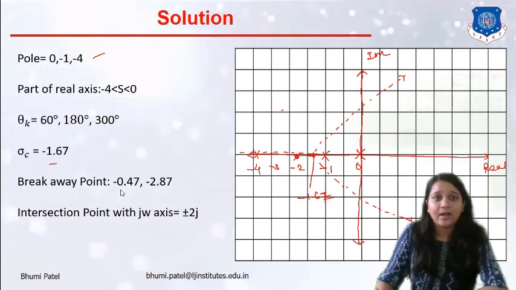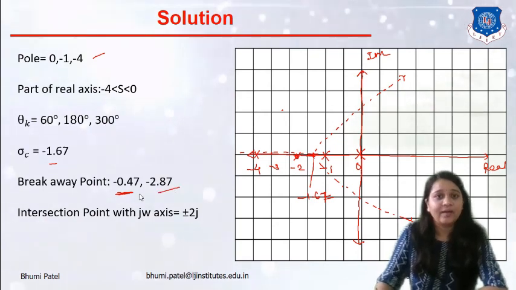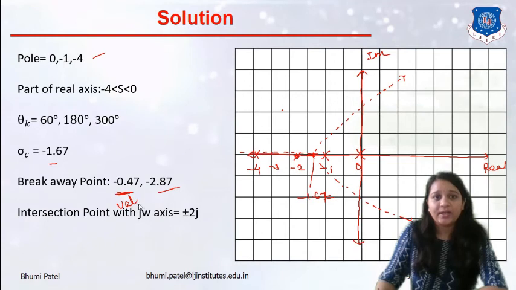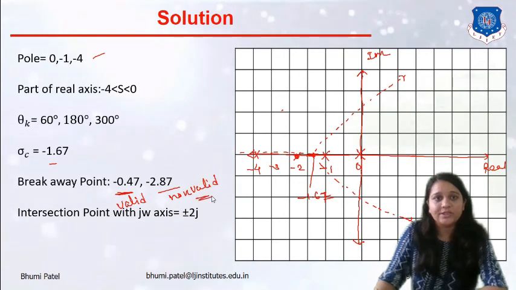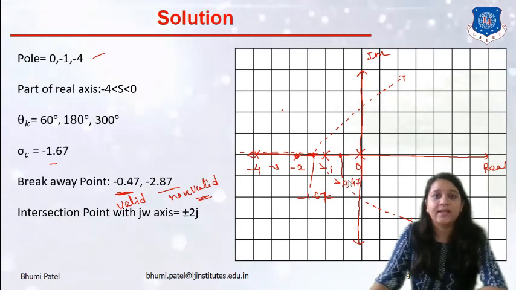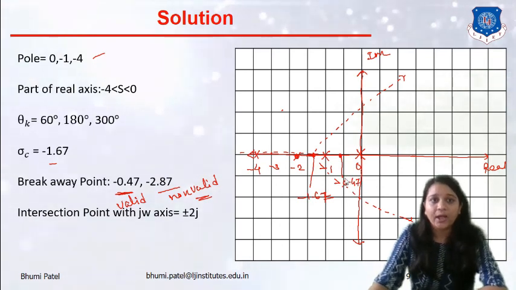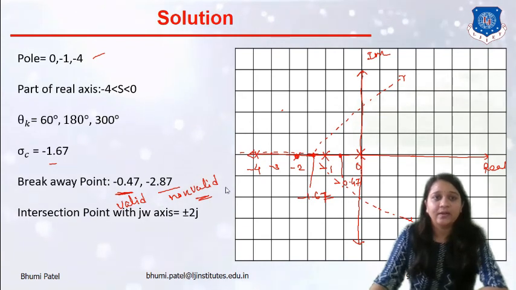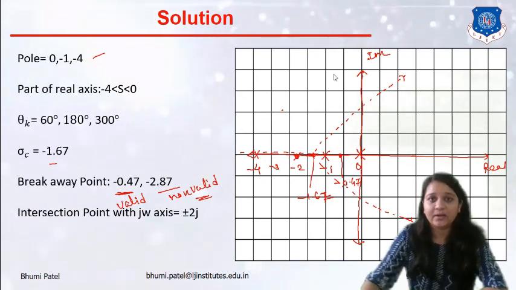In this area, minus 0.47 is covered and minus 2.87 is not covered. So this point is valid for this root locus, and this breakaway point is not valid. So we can draw here the minus 0.47 breakaway point.